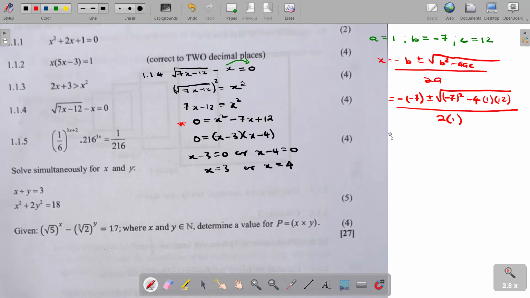Then we go to our calculator. When you go to our calculator, what are we going to get?